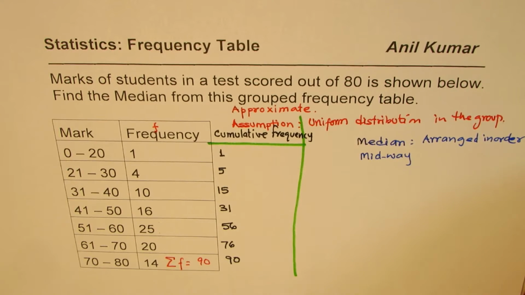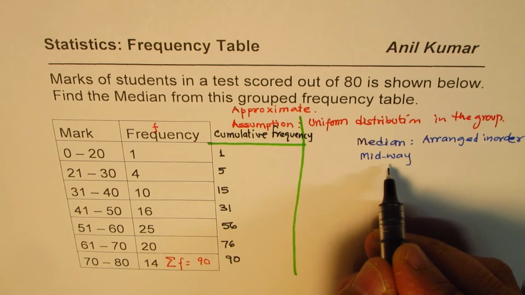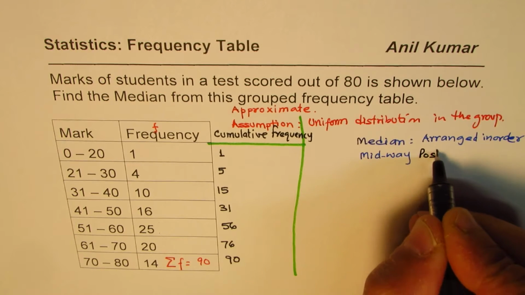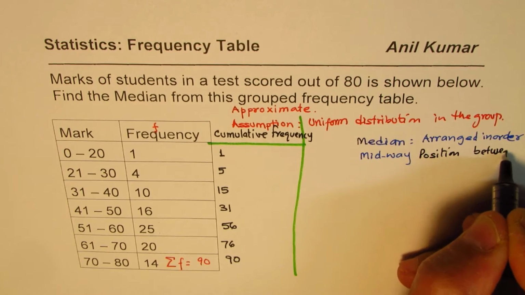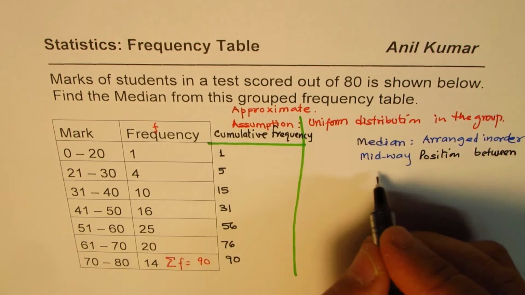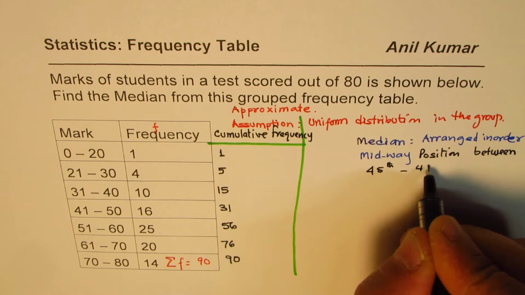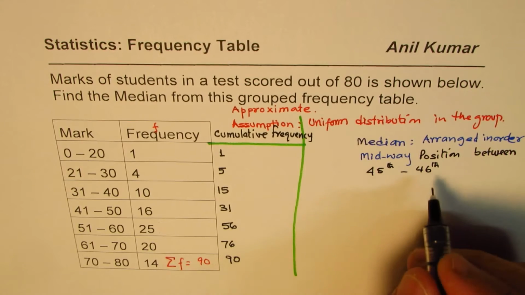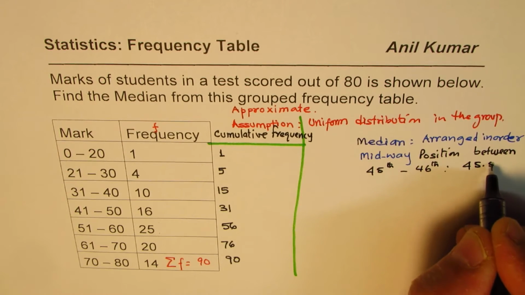Now if the total is 90, then midway is the position between the 45th and 46th, which we can say is 45.5.